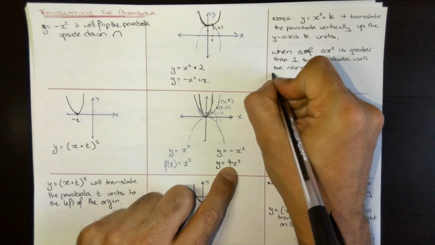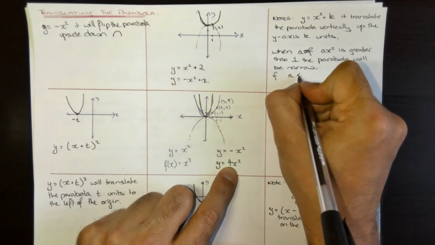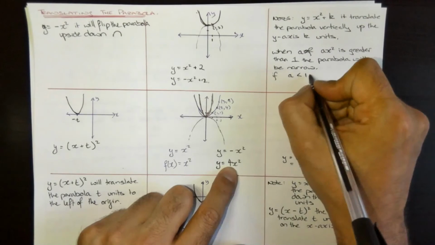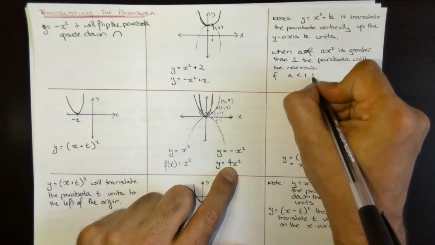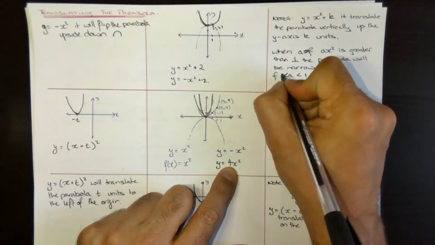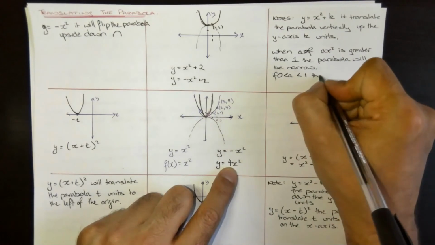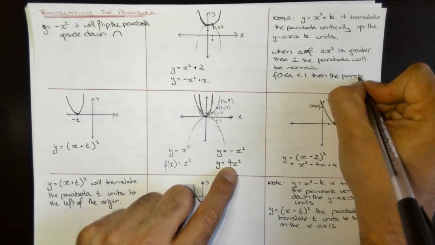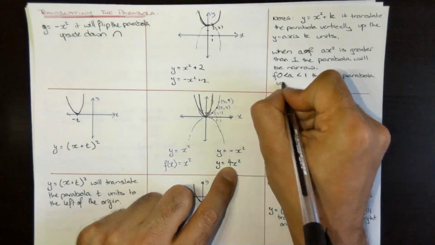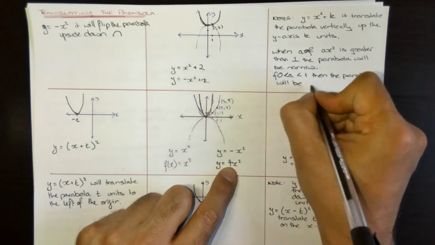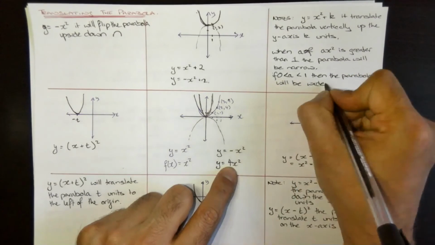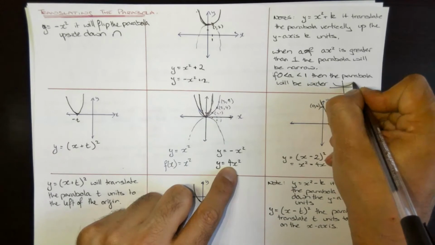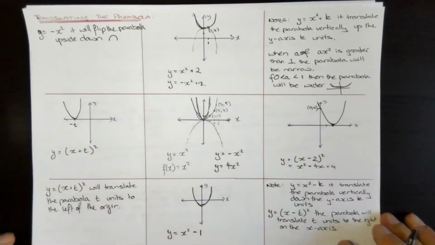And if a is less than 1, so obviously between 0 and 1, then the parabola will be wider. So it will have a wider dish, so it will go like that rather than a normal U shape.